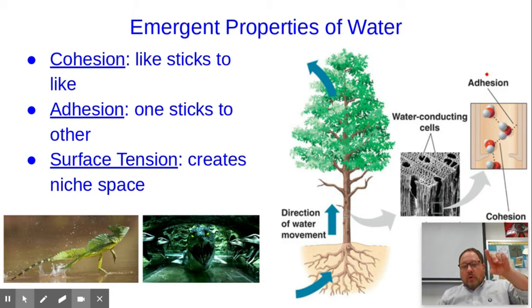And when water evaporates out through the little holes on the underside of leaves, water molecules will flow in to replace the water that's lost. Because of adhesion, the water molecules literally pull on their neighbors, and it draws water up through the roots, up through the vascular tissue of the plant, and out through the leaves. So you can have water traveling 300 feet in the air without ATP because of cohesion and adhesion.